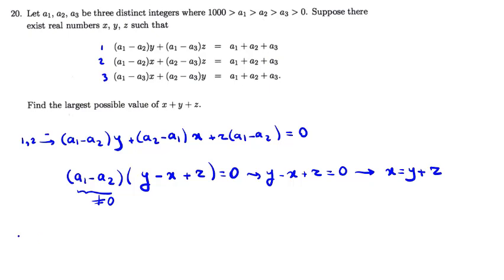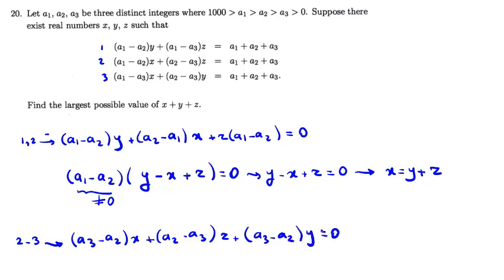Now we consider the second minus the third one. So we can say a3 minus a2 times x plus a2 minus a3 times z plus a3, because it's minus this, a3 minus a2 times y equals 0.